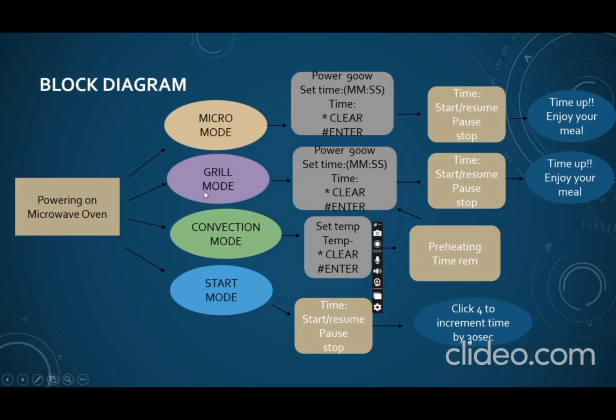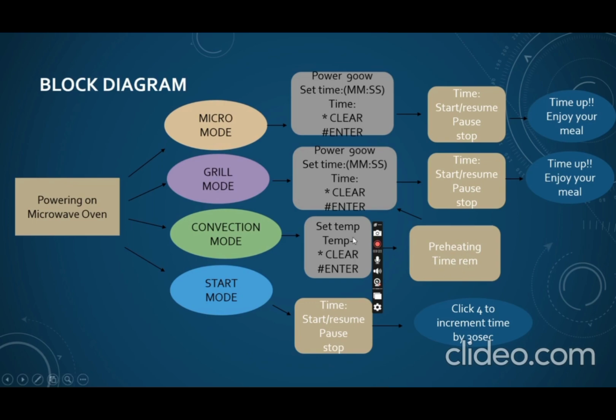Next, grill mode is the same as micro mode. It grills the food and at the end displays "Time up, enjoy your meal." And in convection mode, we can set temperature. First we heat the microwave oven and next the food will be cooked. The screen will be preheating time.